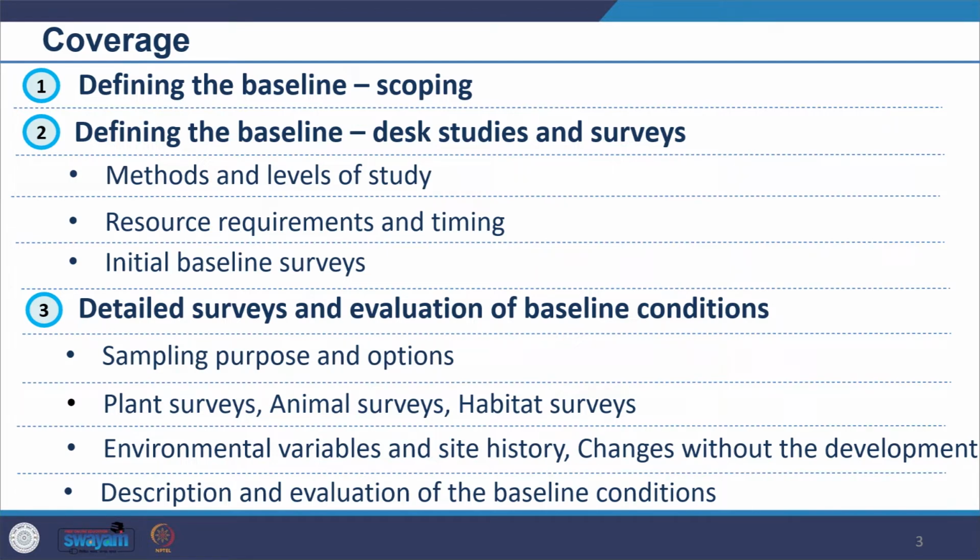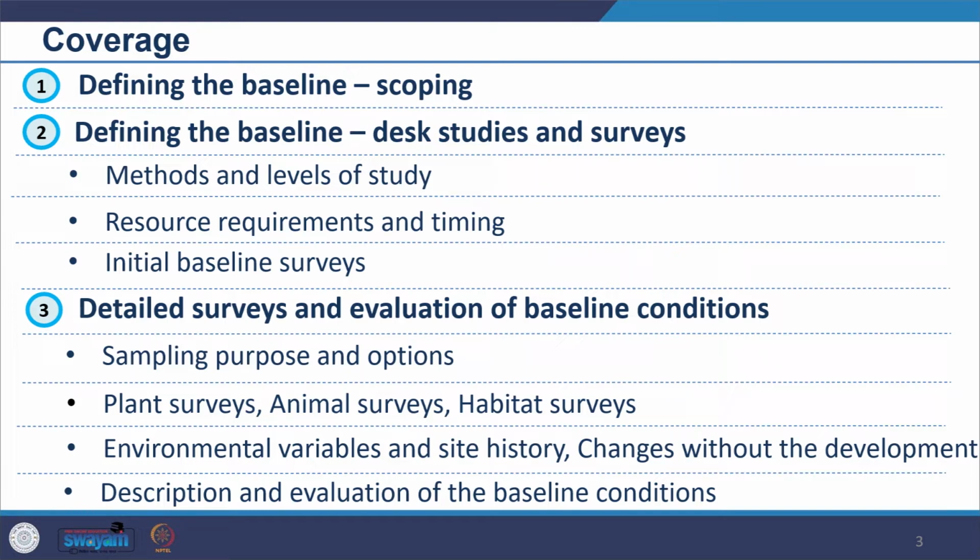Then we'll look into the detailed survey and evaluation of baseline conditions. What kind of sampling has to be done, what options are available, and what's the purpose of sampling. Then we'll look at the various kinds of surveys one has to undertake for plant, animal, and habitat survey.